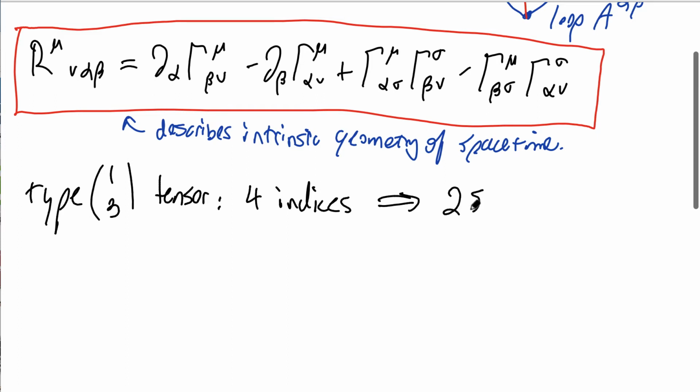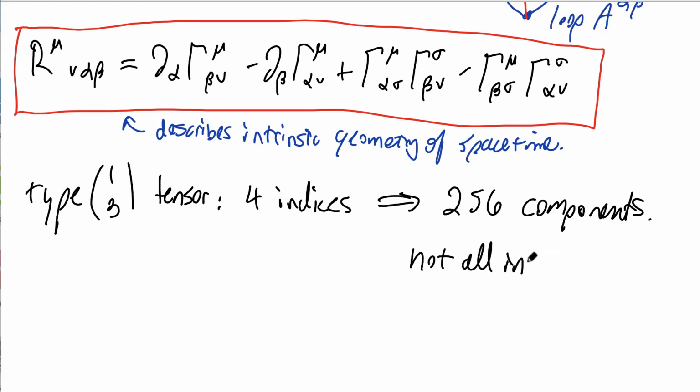That's 256 components. So that's a lot of components, but fortunately they're not all independent. We can see that these components are not all independent by examining the symmetries of the Riemann tensor.